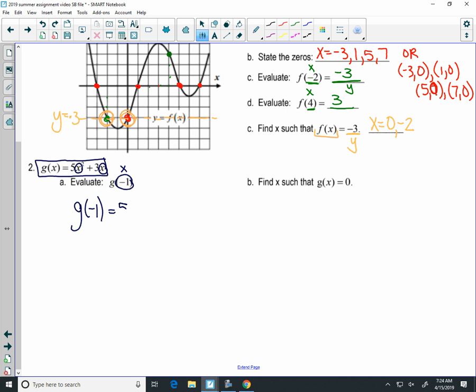Just replace the x. And then simplify. So (-1) squared is 1, so this is just 5. 3 times -1 is -3. So I really end up with 5 minus 3, which is 2.